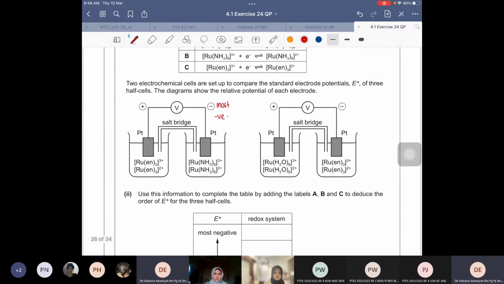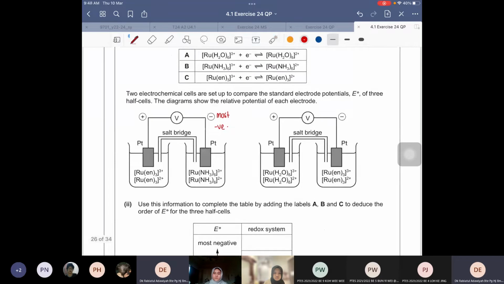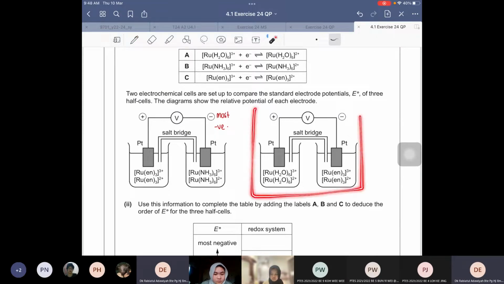So En is more positive than ammonia, but is En more positive or less positive than water? If you look at the second half cell, this time En is negative.